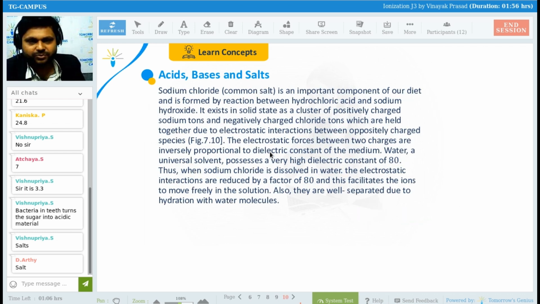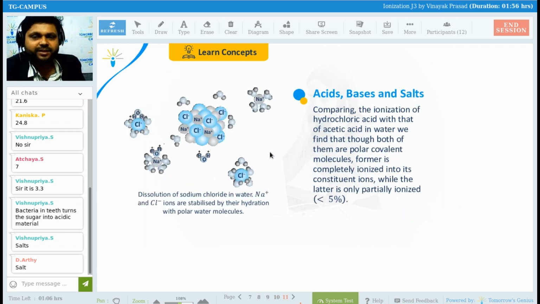Now different scientists have come, and many theories have been given by them. If you see, Arrhenius came, and he also gave a theory about acids and bases. They are saying what acids are and what bases are.